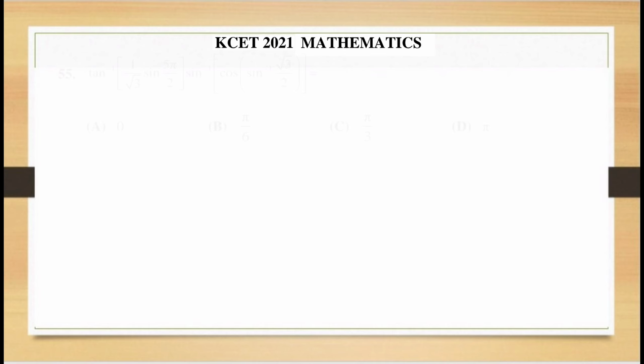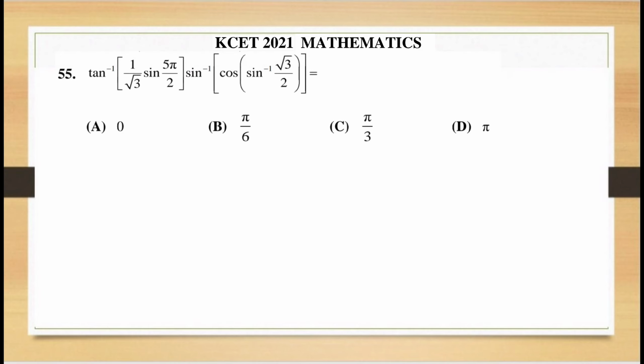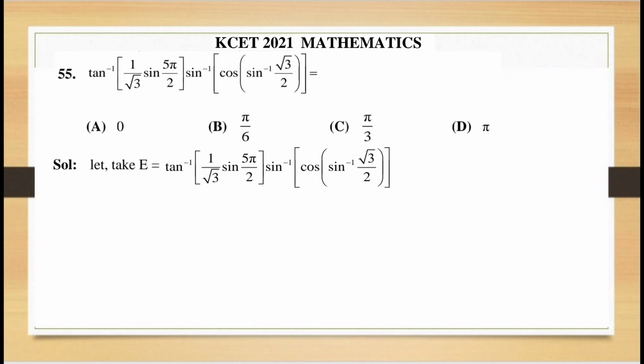55th question is tan inverse of (1 by root 3 into sin 5 pi by 2) into sin inverse of (cos of sin inverse of root 3 by 2) equals. Let's take E equals tan inverse of (1 by root 3 sin 5 pi by 2) into sin inverse of (cos of sin inverse of root 3 by 2), which equals tan inverse of (1 by root 3 into sin pi by 2) into sin inverse of (cos pi by 3), because sin inverse of root 3 by 2 is pi by 3.